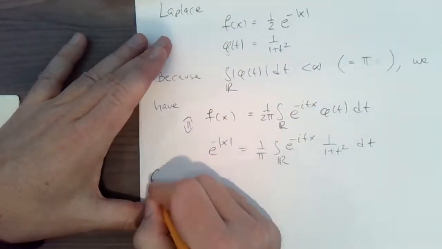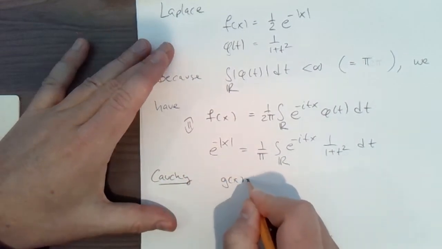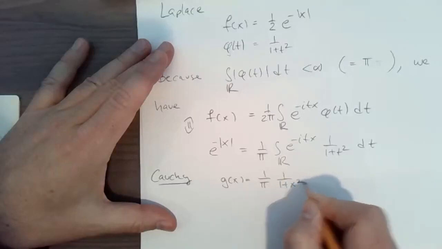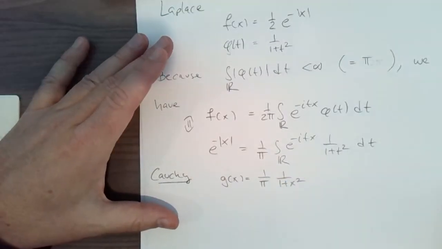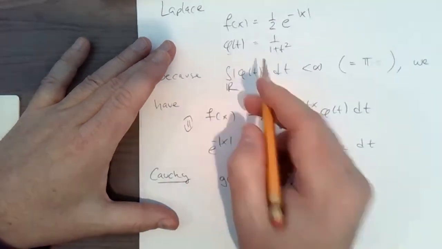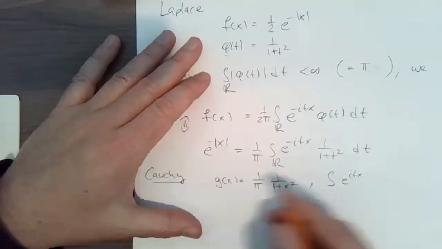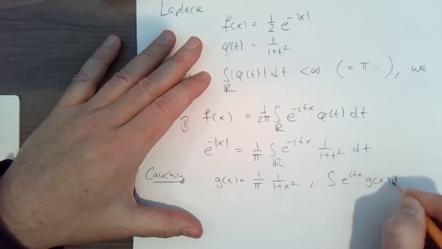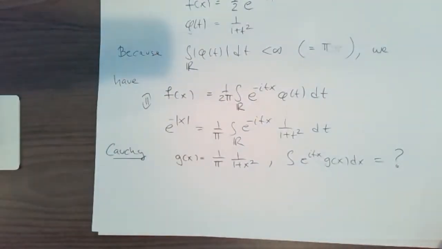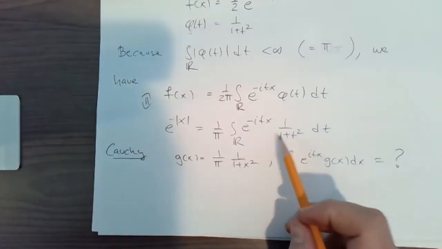So now we switch to Cauchy. There the density is g of x. This is 1 over pi, 1 over 1 plus x squared. But you don't know what the characteristic function is. The characteristic function would be the integral of e to the i t x, g of x dx, but you don't know what that is. But you can see it's very close.